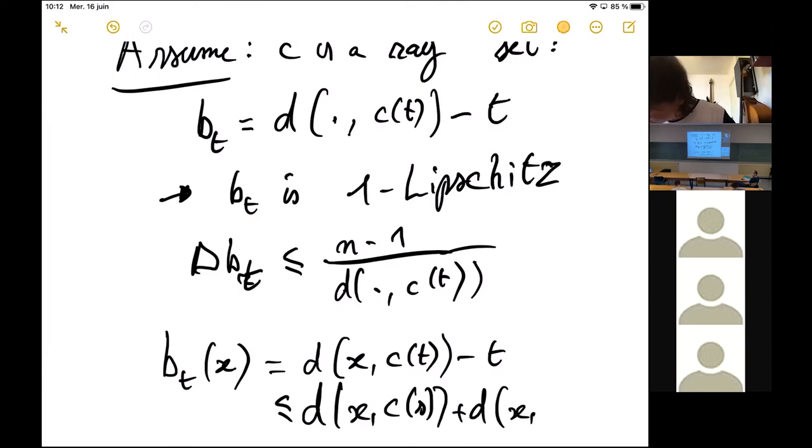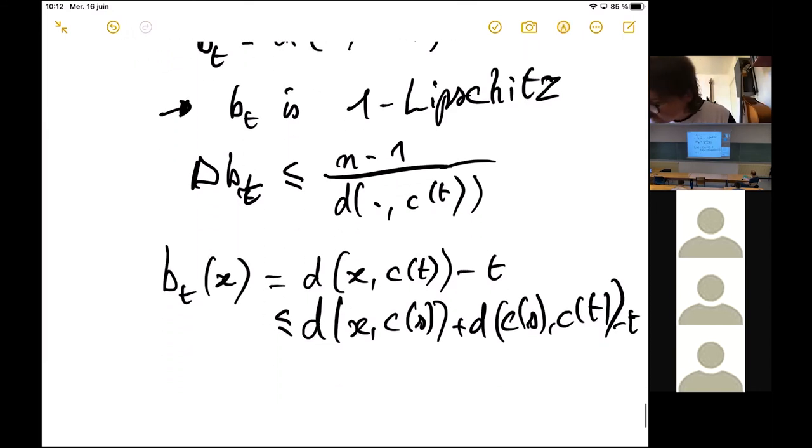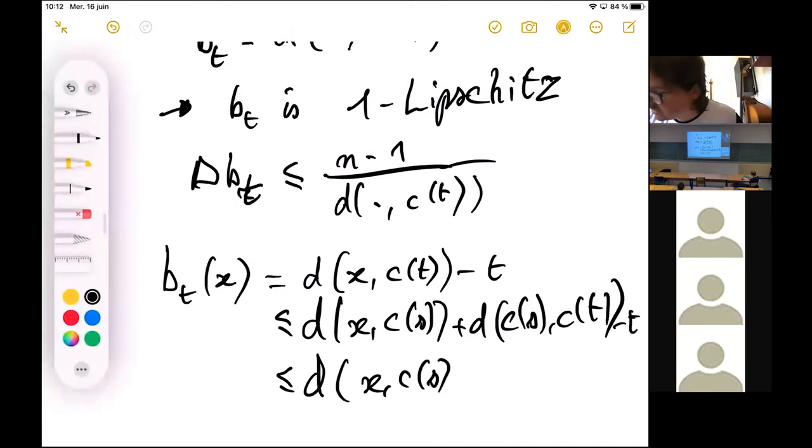No, C of s, C of t, stupid, minus t. And so this will be equal to d of x, c of s. And this is s minus t since c is a ray. Here I use that c is a ray. And so it will be s minus or t minus s.